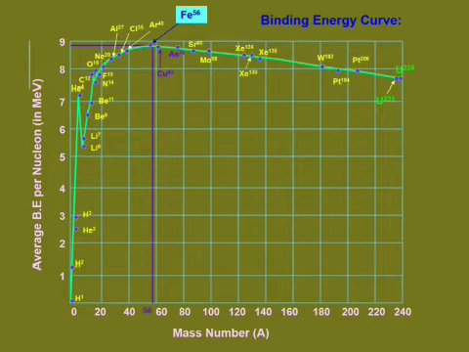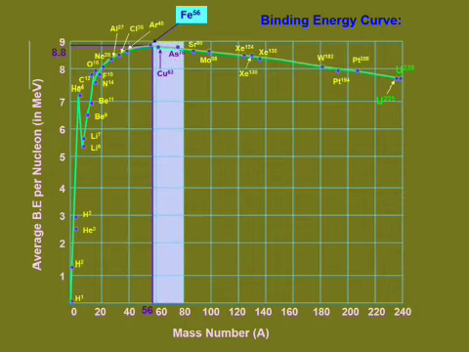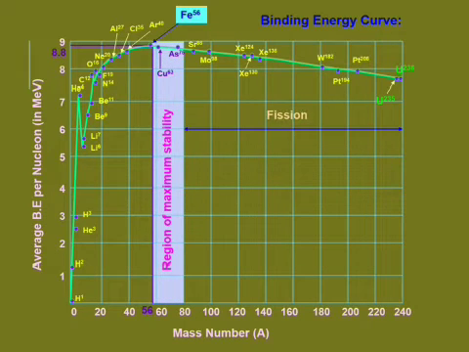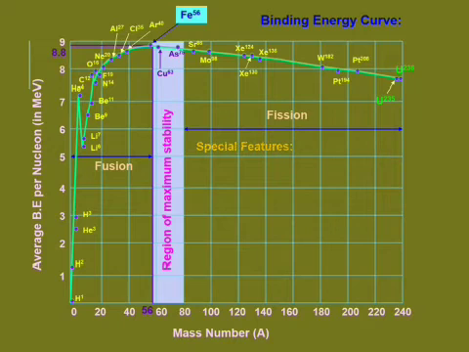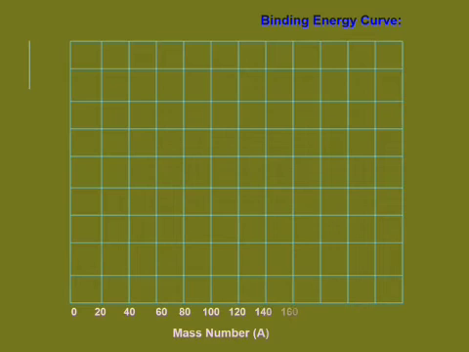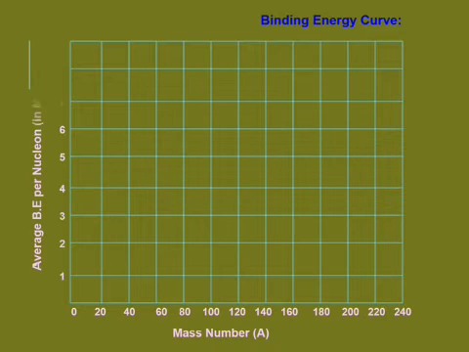These nuclei can be formed by adding alpha particles to the preceding nucleus. After A equals 20, there is a gradual increase in the binding energy per nucleon. The maximum value of 8.8 MeV is reached at A equals 56. So that's why iron is most abundantly found in the earth's crust.